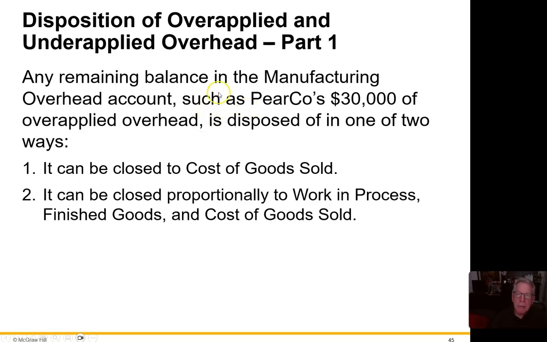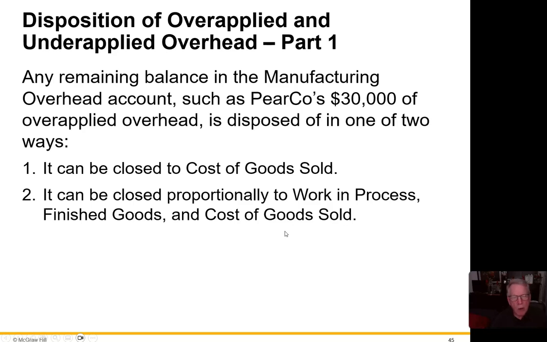Now, any remaining balance in manufacturing overhead accounts, such as the $30,000 of over-applied overhead for Pair companies, is disposed of in one of two ways. If it's immaterial, it's not that big an amount, we just close it to cost of goods sold, which I've been mentioning along the way. But if it's a big amount of unapplied overhead, then we proportionally close it to work in process, finished goods, and cost of goods sold.